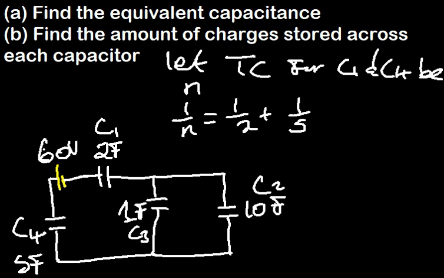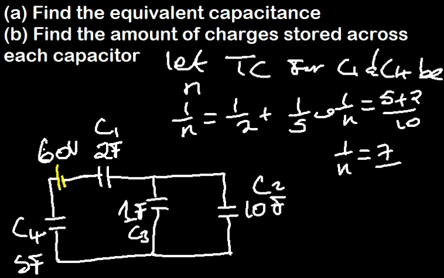Using the butterfly method of adding fractions, 1 over N is equal to (5 plus 2) divided by 10, that is 1 over N is equal to 7 over 10. That is 7N equal to 10, so N is 10 over 7.